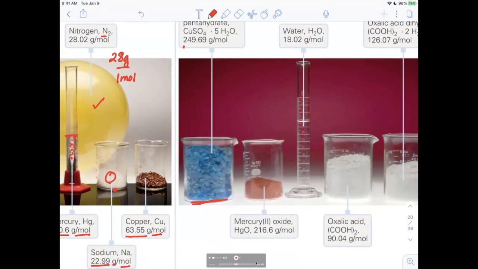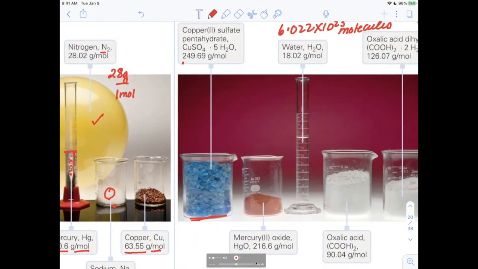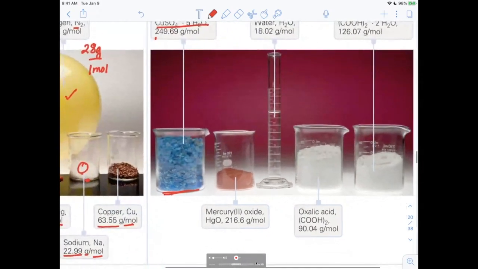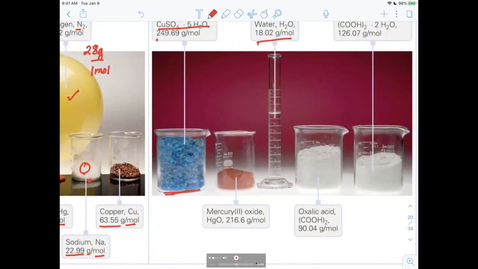So copper 2 sulfate pentahydrate. I'm saying this so fast, right? Okay, I'm going to slow down a little bit. Copper 2 sulfate pentahydrate. It takes 249.69 grams to get to 1 mole. With mercury 2 oxide, it takes 260 to get to 1 mole. Once again, with water, it takes 18 grams to get to 1 mole.